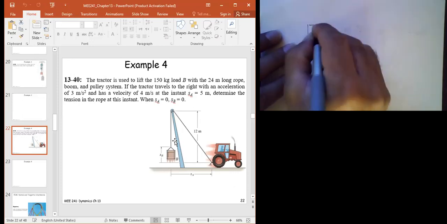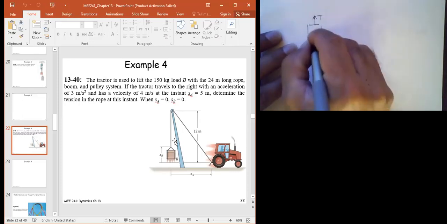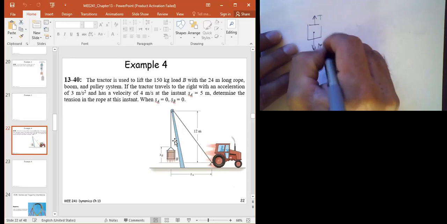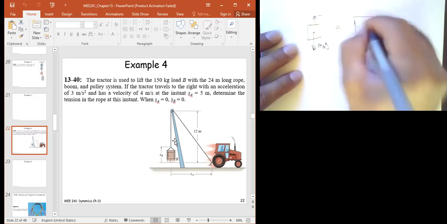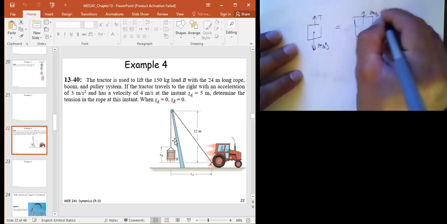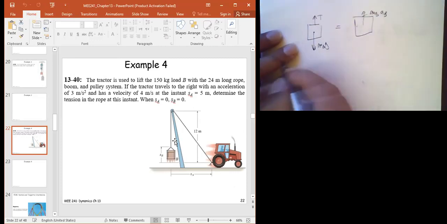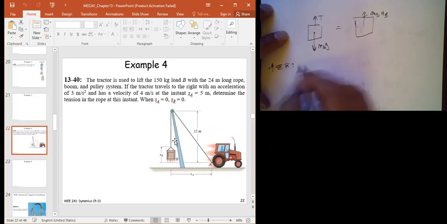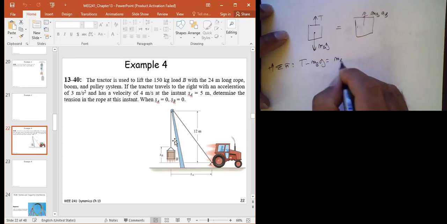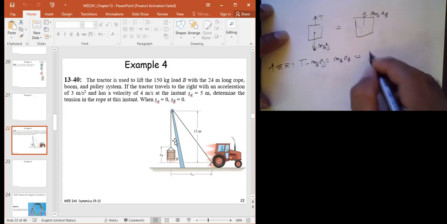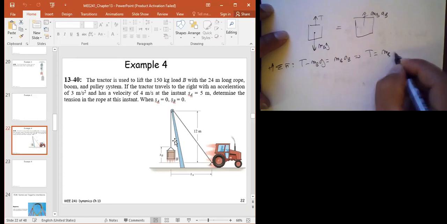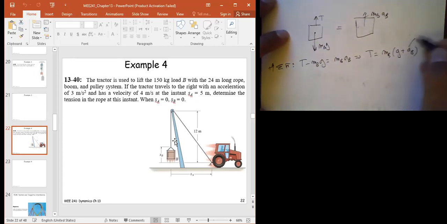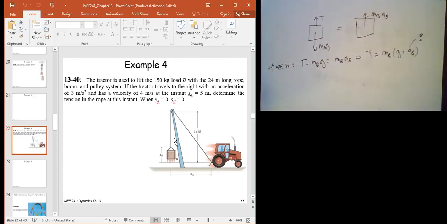If we do a free body diagram, we'll have a tension, we'll have MBG, and then MBAB. If I sum the forces in the vertical direction, I get T minus MBG is equal to MBAB. So the tension is equal to MB times (G plus AB). But the problem is we don't know AB. How can I find AB?